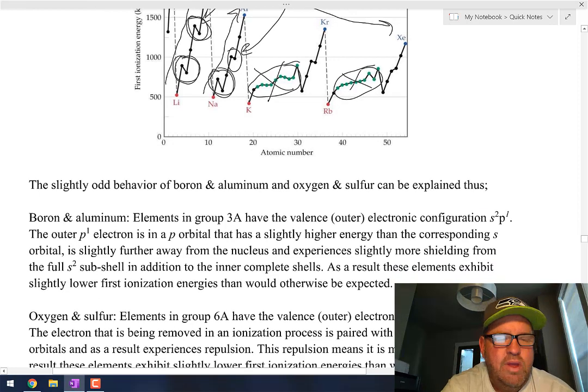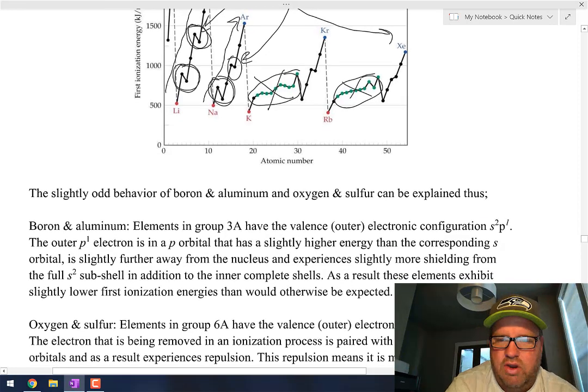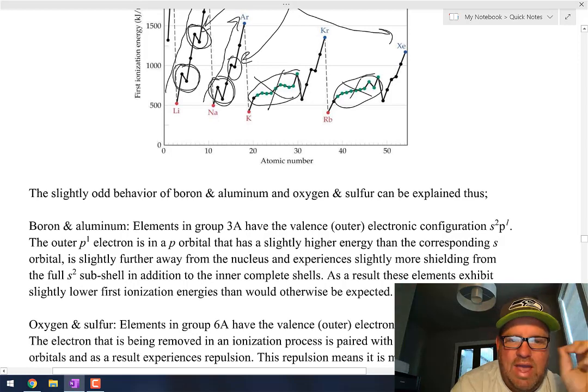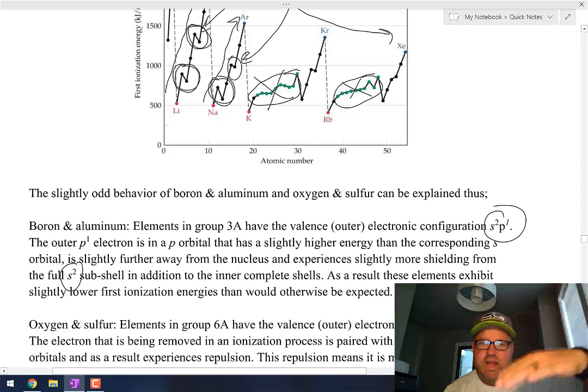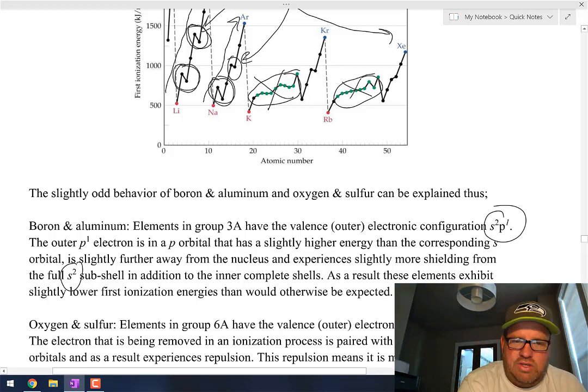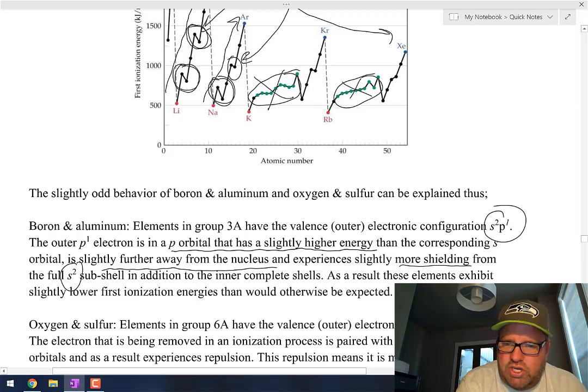First of all, from the 2S to the 2P subshell, you're going from 2s2 to 2s2 2p1. Okay, the P subshell is at a higher energy level than the S subshell is. So the P orbital is a slightly higher energy than the S one is, and is slightly further away from the nucleus, so you have a little bit more shielding.